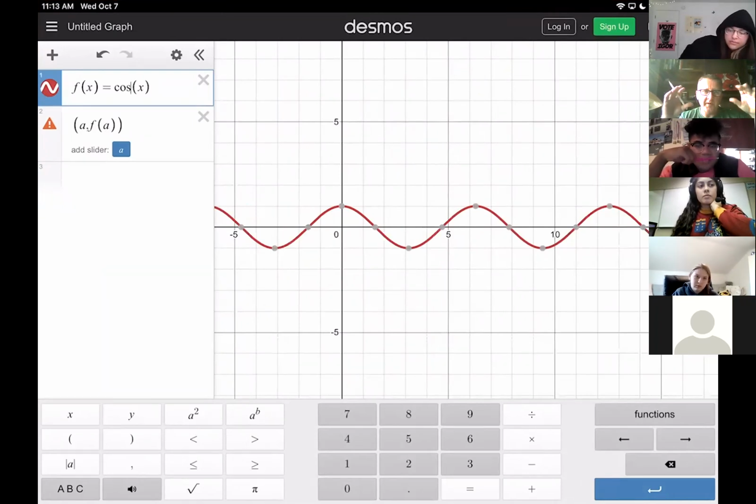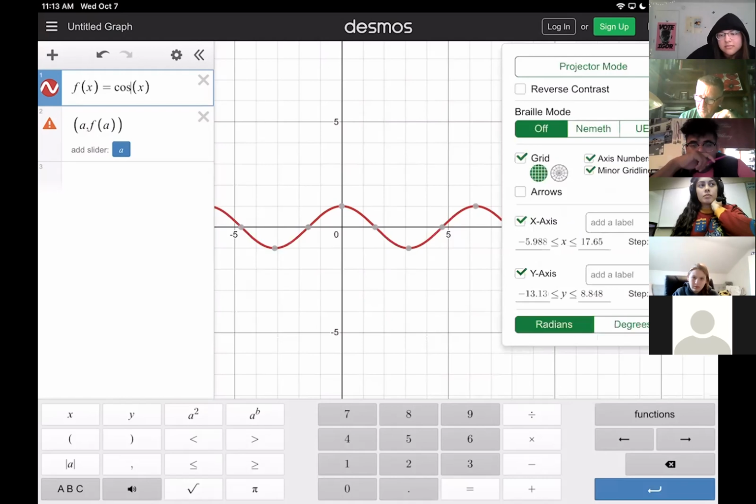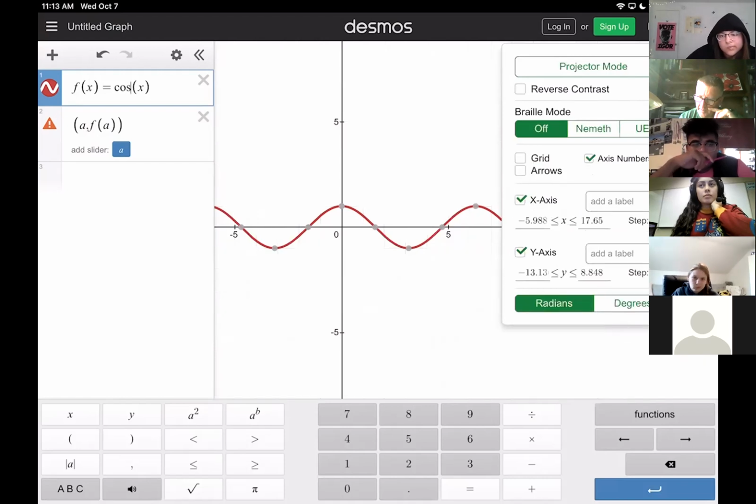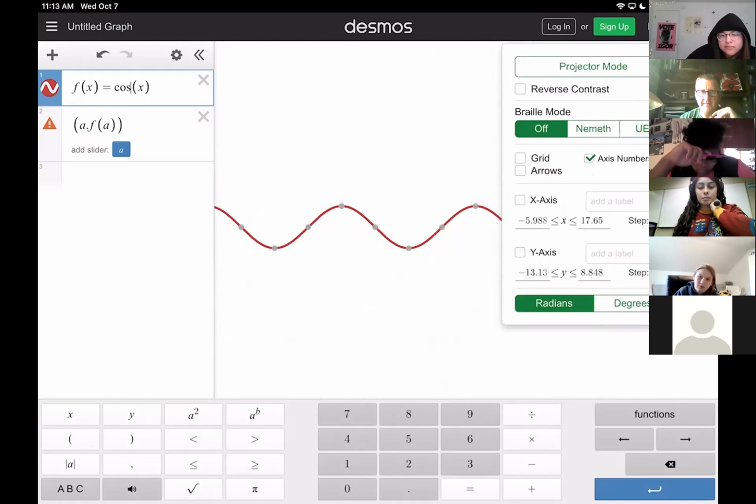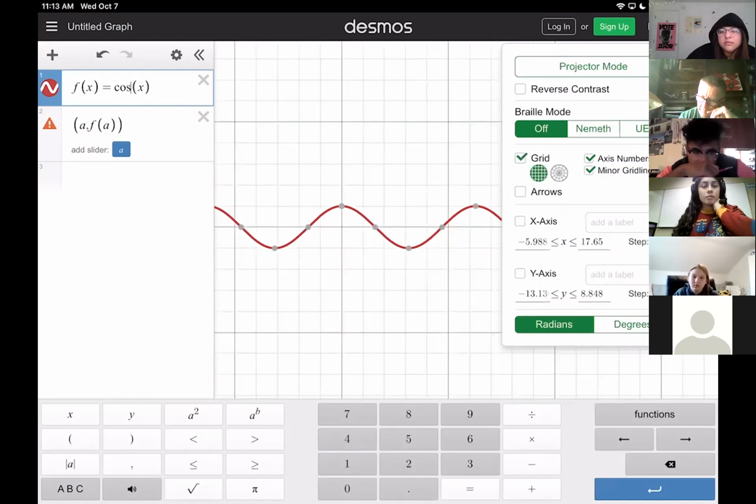They're moved a little bit left and right, but they're sine waves. If I turn the grid off and turn the axis off, that's a sine wave. Does that make sense? You just collectively call it a sine wave.